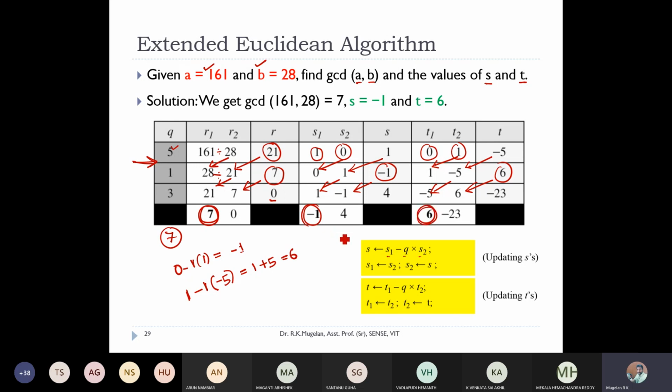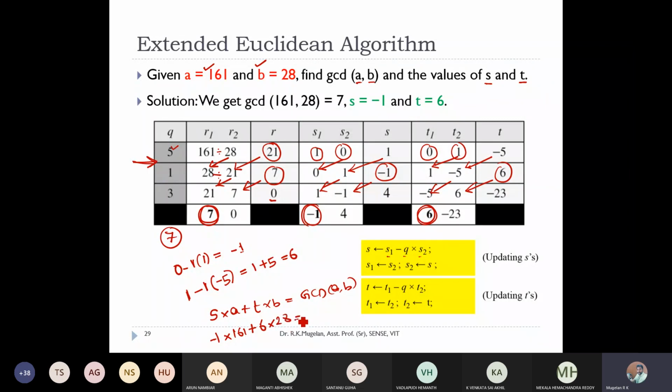Now if you want to cross check, as I said, S times A plus T times B will give me the GCD of A comma B. This is the theorem we just saw. So S is minus 1 times 161 plus T is 6 times 28.